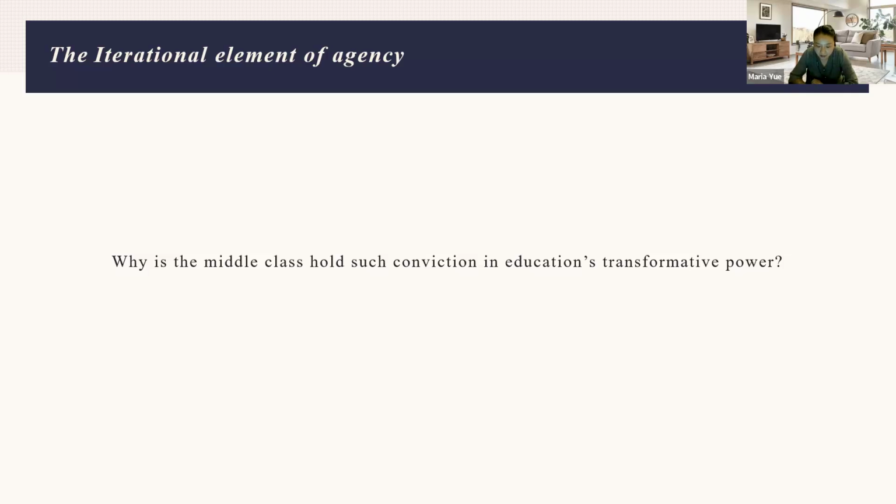So to safeguard their position, education becomes the primary pathway for intergenerational knowledge transmission. So it has historically functioned as a path-dependent strategy for securing their socioeconomic stability.